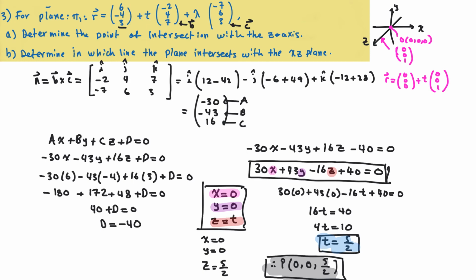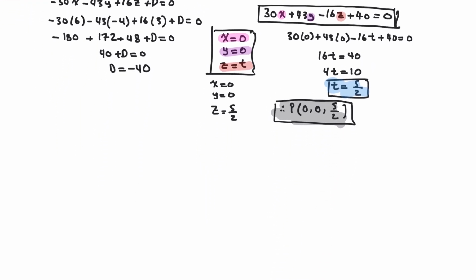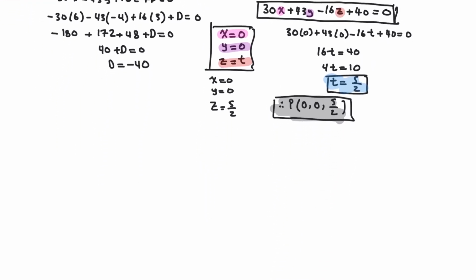For the second part of the question, we're asked to determine in which line the plane intersects with the XZ plane. So let me move everything up a little bit so we can see the equations that we have derived, and we want to see the line for XZ plane here.